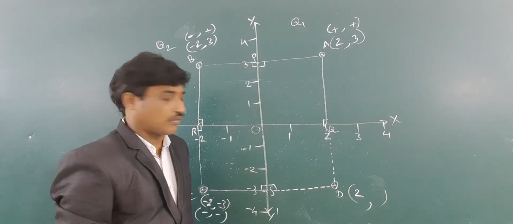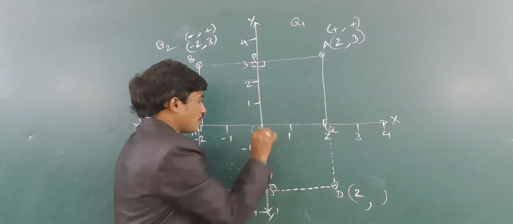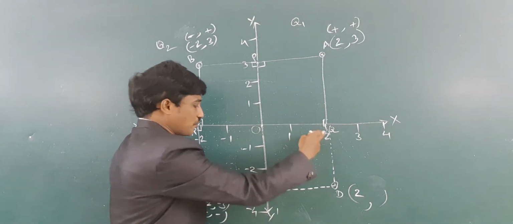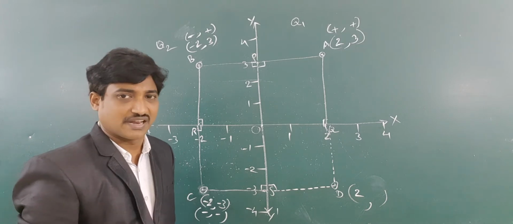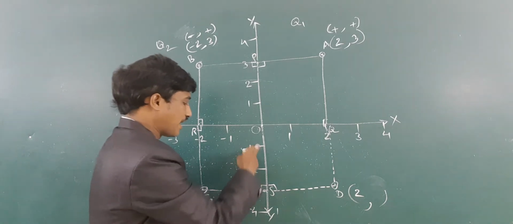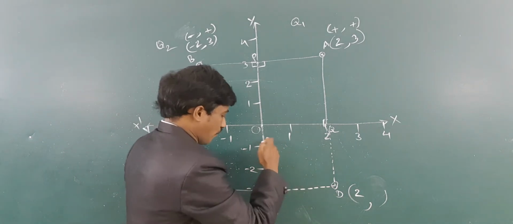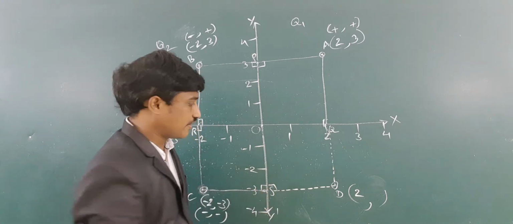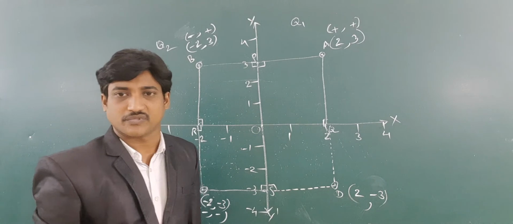We know distances moved along OY dash or a line parallel to OY dash will be taken as negative, as OY dash is the negative y-axis, so OS is equal to QD is equal to 3 units, that will be taken with a negative sign, minus 3.